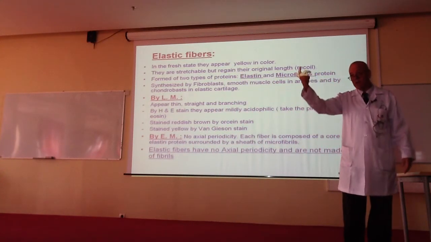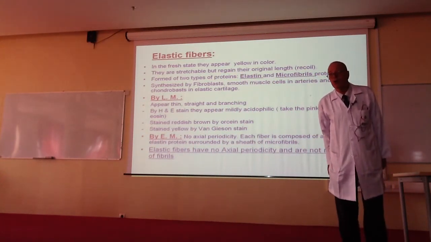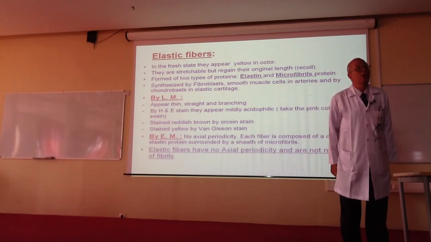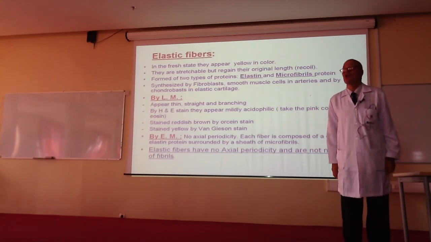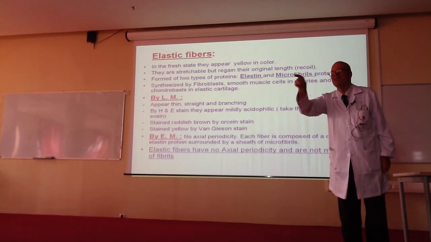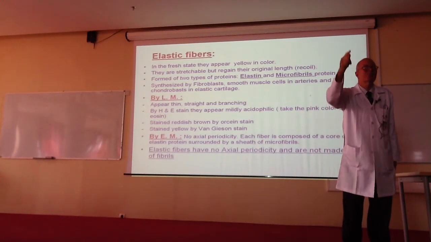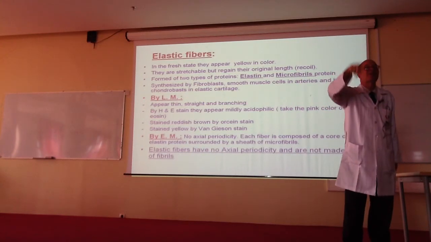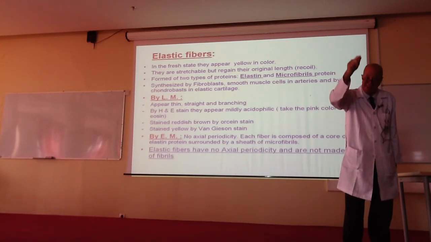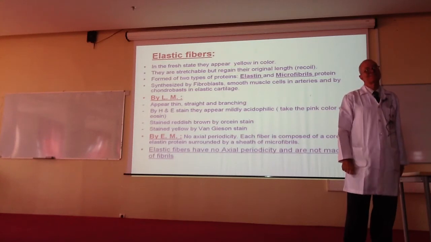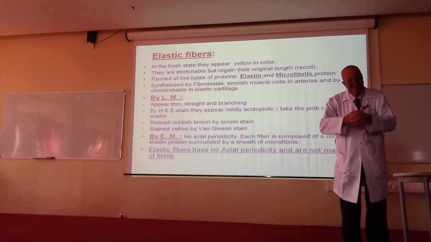Number one, contraction. Number two, secretion of proteins. Proteins of what? Connective tissue fibers. This is where the smooth muscles are rich and the connective tissue is small, just like arteries.